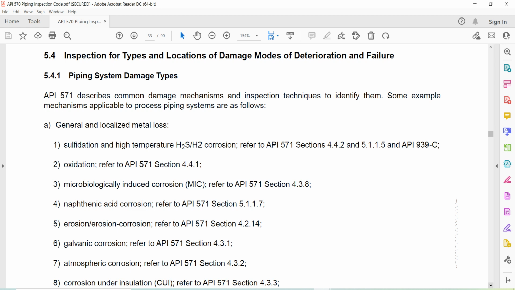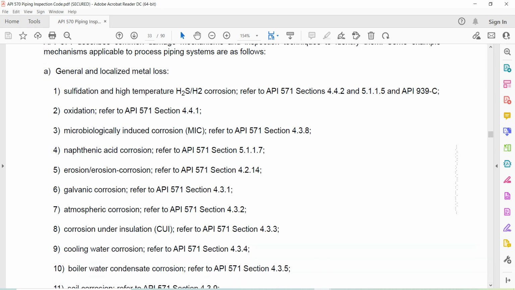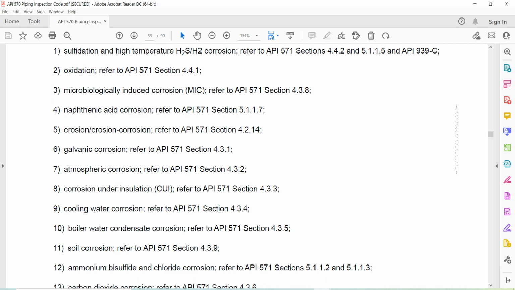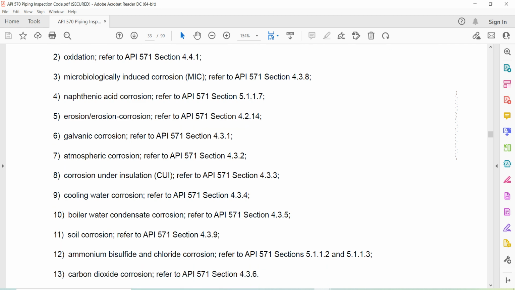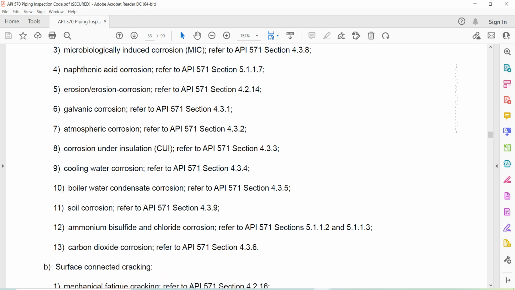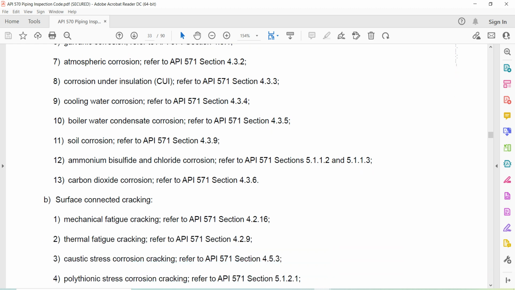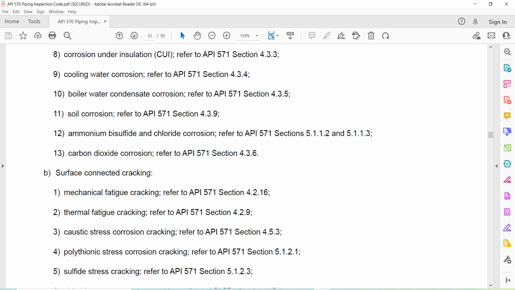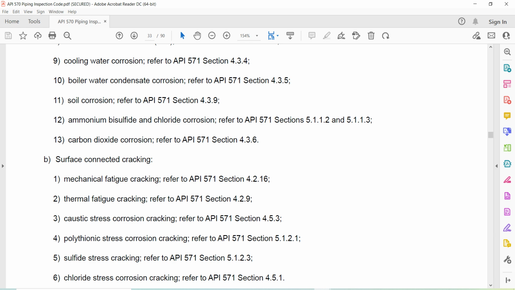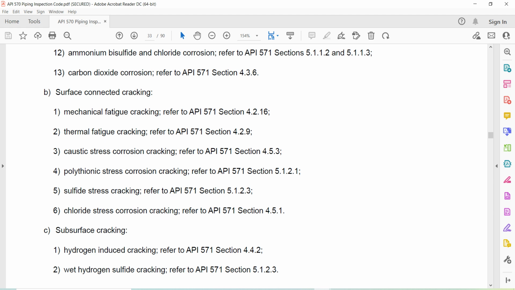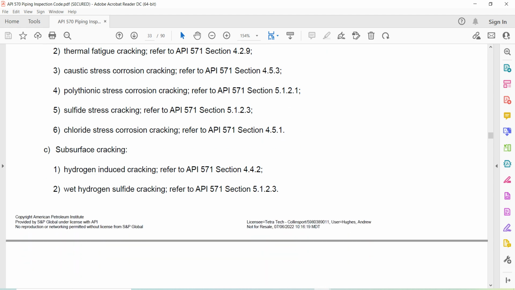amine corrosion, galvanic corrosion, atmospheric corrosion, corrosion under insulation, cooling water corrosion, boiler water condensate corrosion, soil corrosion, ammonium bisulfide and chloride corrosion, carbon dioxide corrosion, surface connected cracking, mechanical fatigue cracking, thermal fatigue cracking, caustic stress corrosion cracking, polythionic acid stress corrosion cracking, sulfide stress cracking, chloride stress corrosion cracking, subsurface cracking, hydrogen-induced cracking, wet hydrogen sulfide cracking.